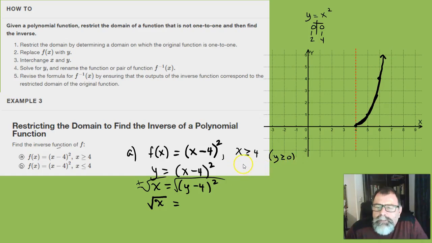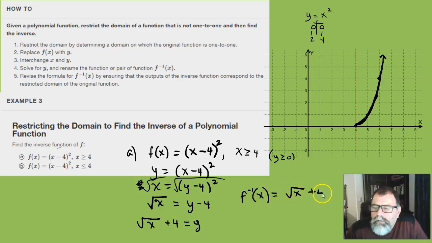So when you switch it, this is going to be your x's, so x is positive, y is positive. So you can throw out the plus minus and just do the positive one. So the square root and square cancel each other. We get y minus 4. And then we add 4 to both sides. So that's going to be my f inverse. So f inverse of x is equal to square root of x plus 4.